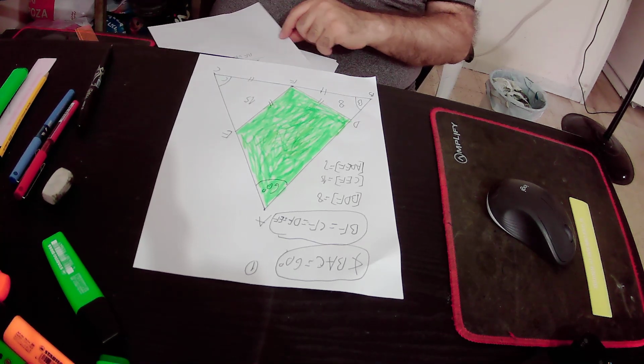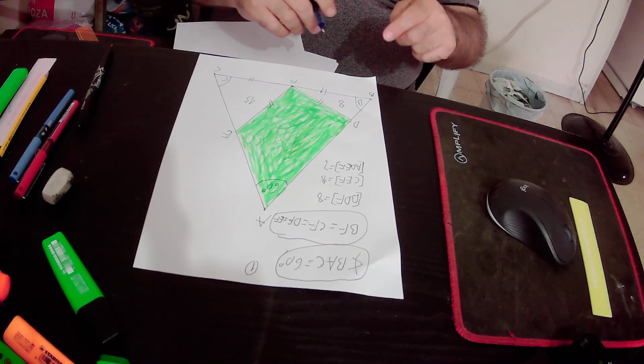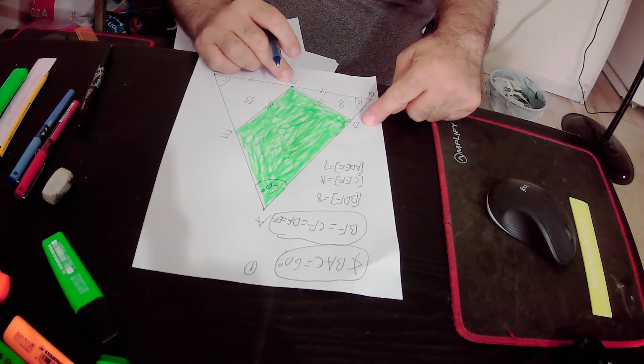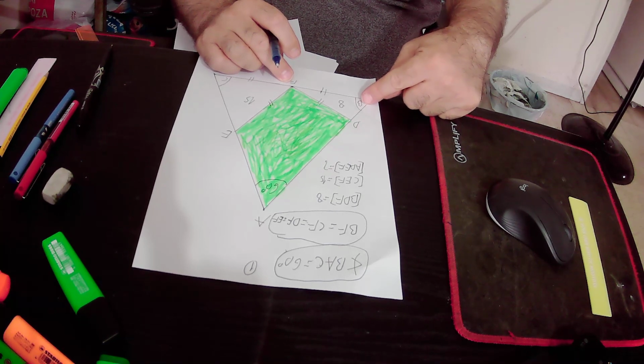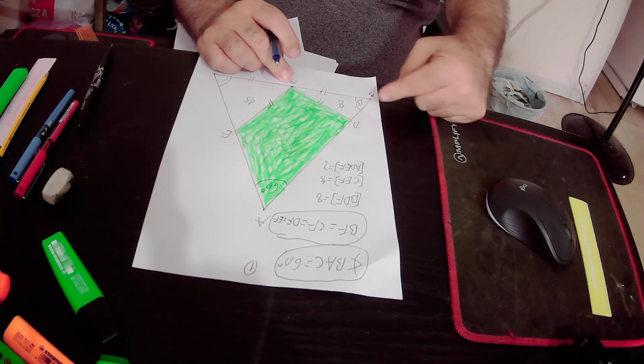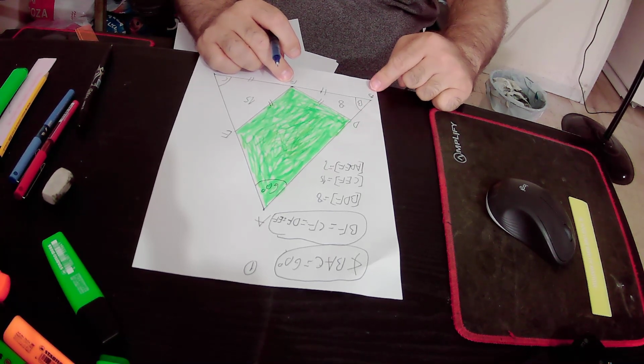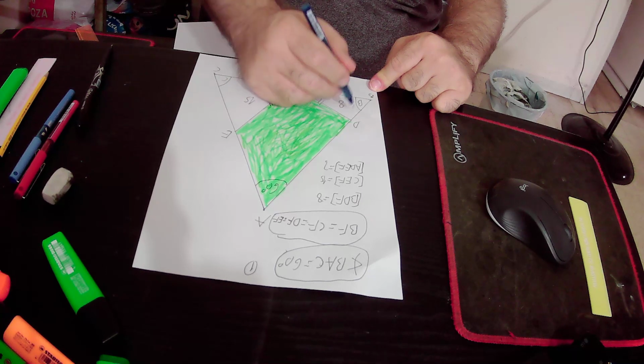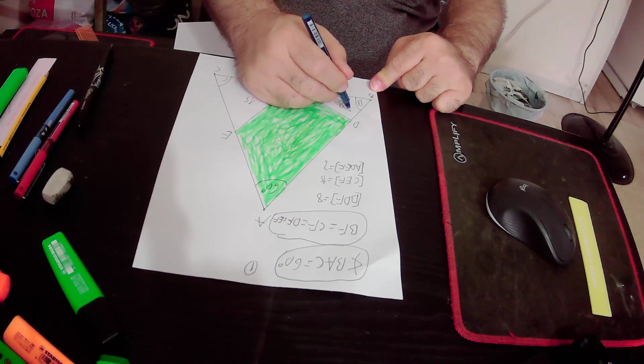So in triangle BDF, BF equals DF, and in front of side DF of triangle BDF we have angle beta. So in front of BF there must also be the same angle according to rule number 2, because in front of equal sides in the triangle there are equal angles.